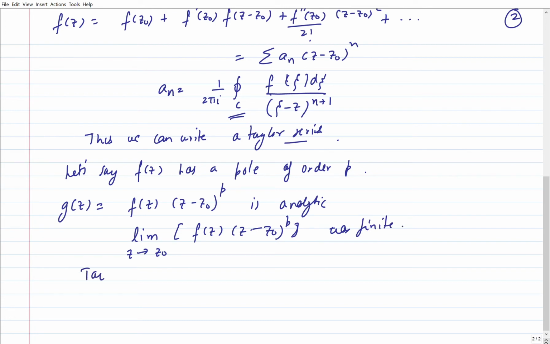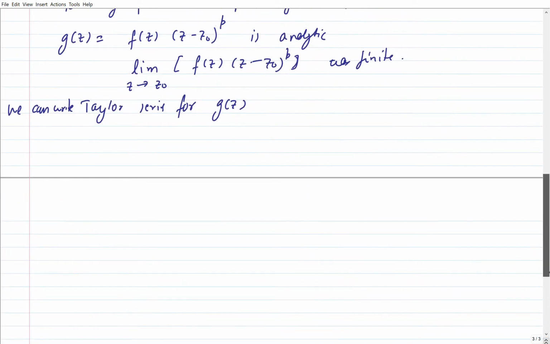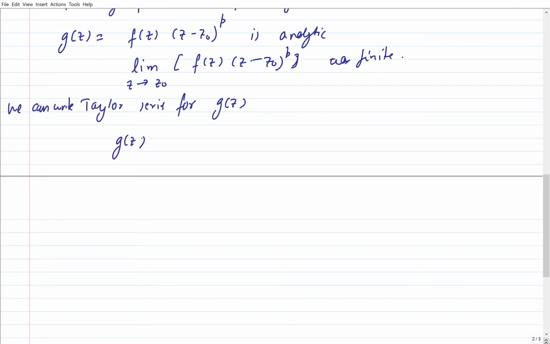So we can always write a Taylor series for g(z), and that is g(z) equals the sum of b_n (z minus z0) to the power of n, which is nothing but b0 plus b1 (z minus z0), and so on and so forth.